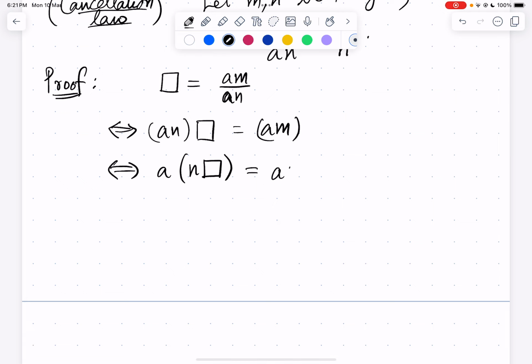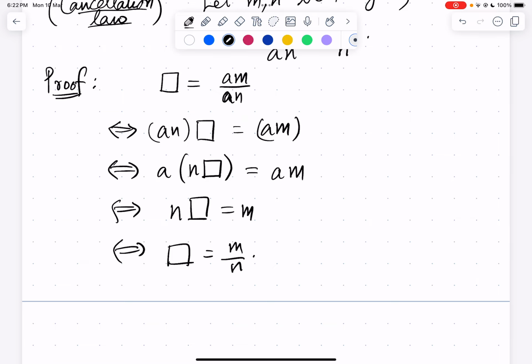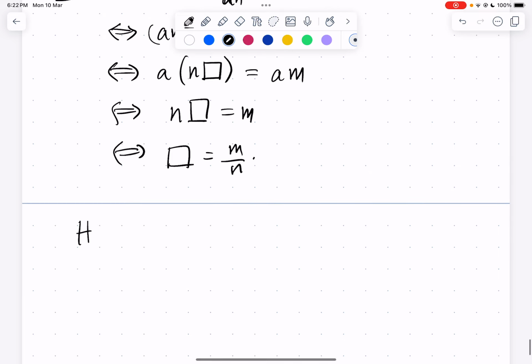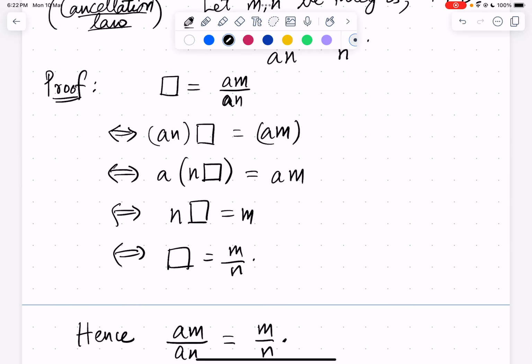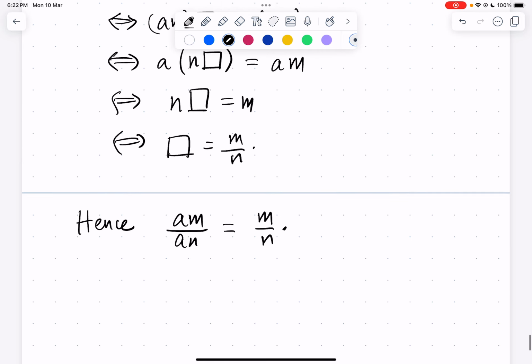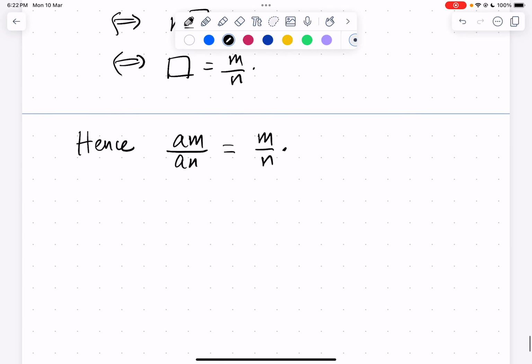So this is am, and a is non-zero, so n box equals m, that is box equals m by n. Hence am by an is m by n. We saw that saying box equals am by an is the same as saying box equals m by n. Hence am by an is m by n.